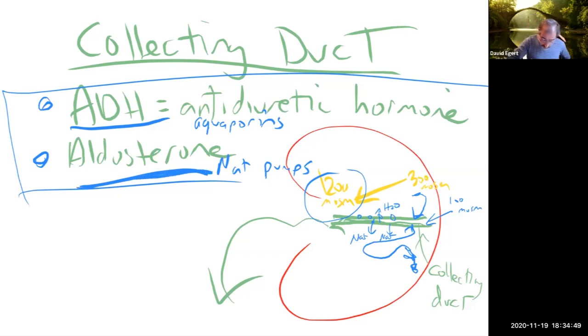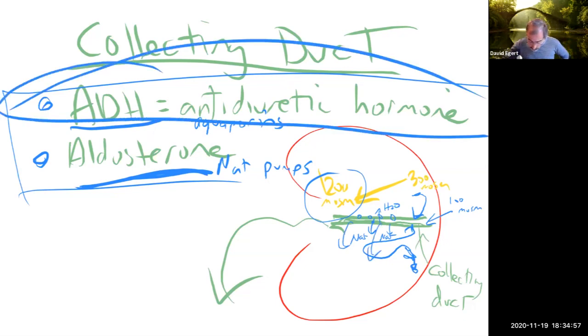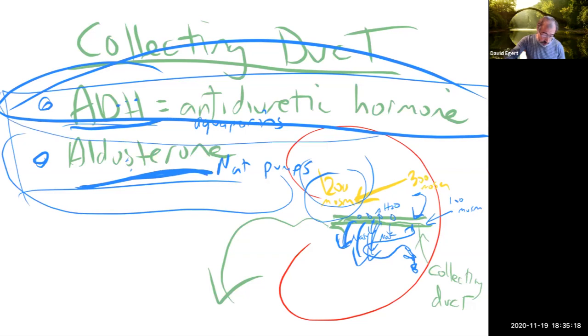We turn up aldosterone, which pulls even more sodium back into the body, and we turn on ADH, which opens the aquaporins. So that's going to be even more of a gradient to reclaim water. If we're pumping sodium as well as got the intrinsic huge gradient, that's going to be the maximum ability to keep water in the body. So these can be independent, sodium balance versus water balance, but if you're really trying to keep water in the body, you can turn them both on.